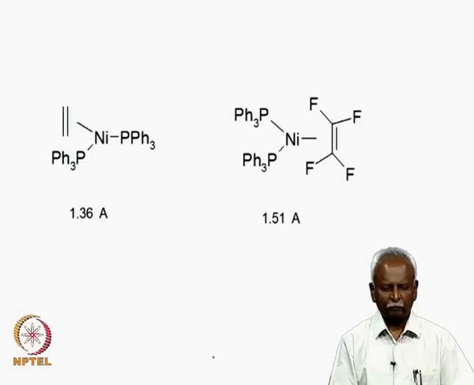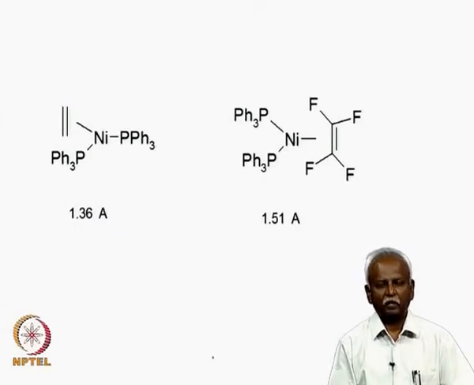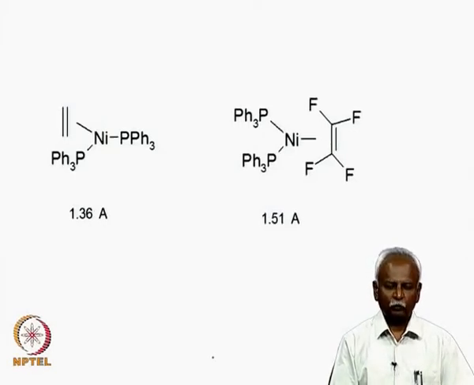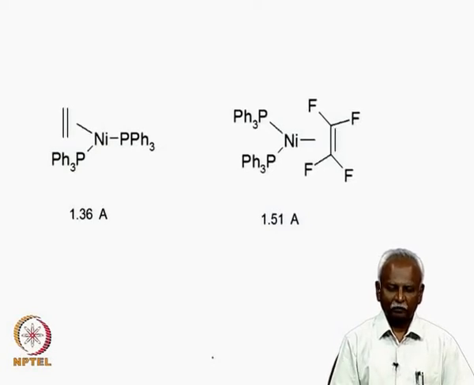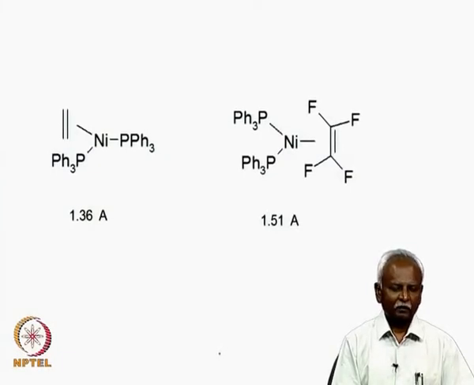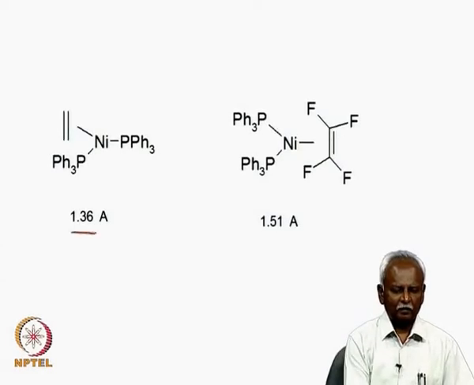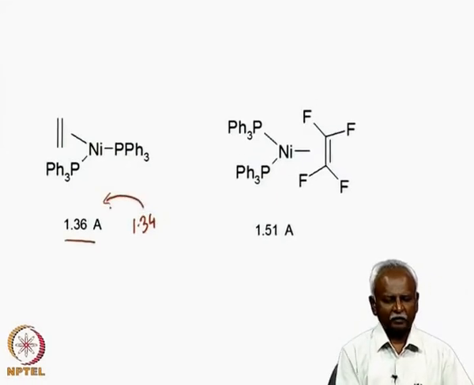So, here I have pictured for you what happens to the carbon-carbon bond distance when you have an electron withdrawing substituent. Here I have tetrafluoroethylene, with 4 fluorines attached to the carbon of the olefin, and here I have simple ethylene. This distance is hardly increased from 1.34 angstroms. It has gone only to 1.36 angstroms.